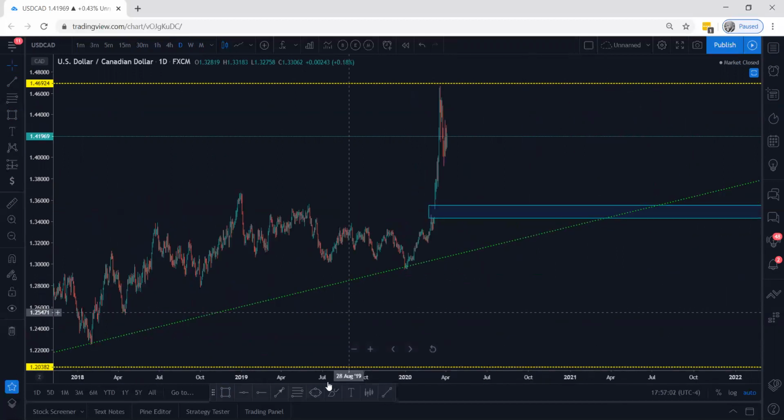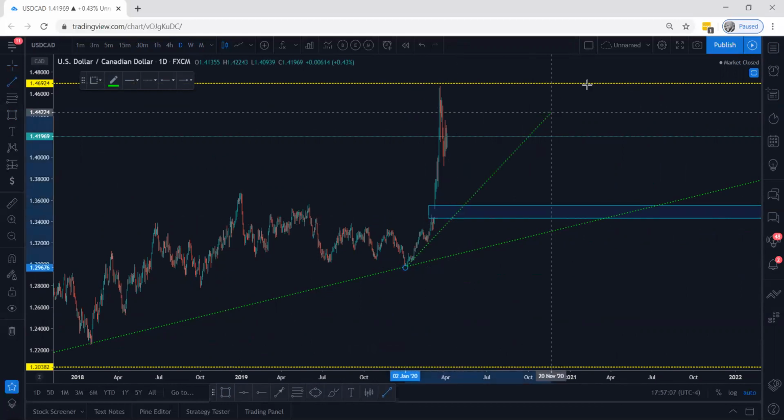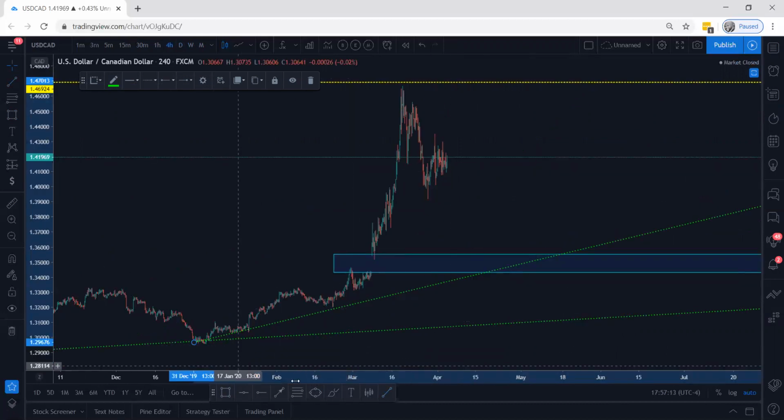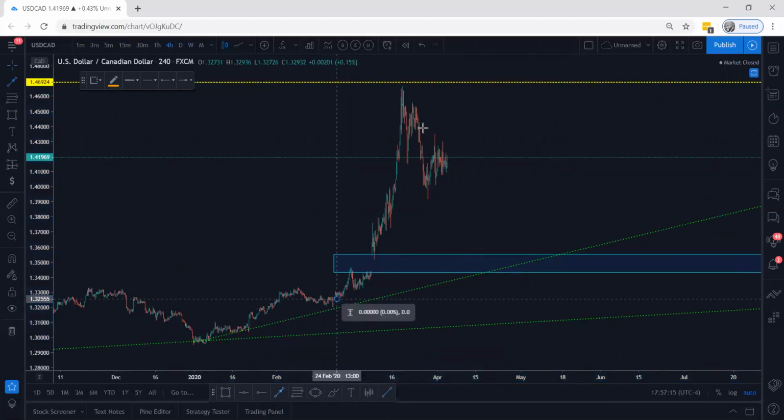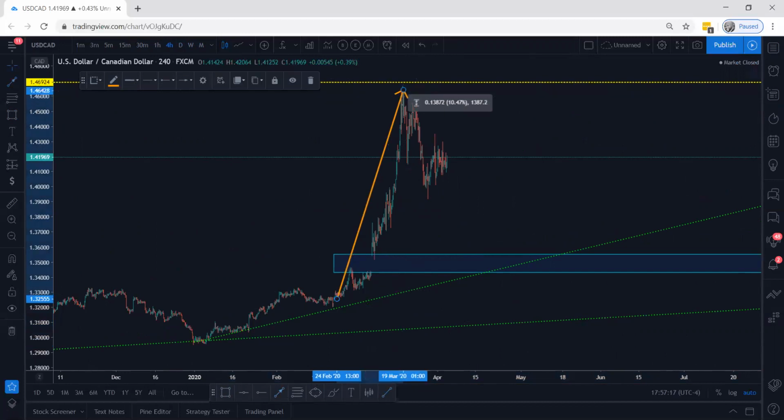On the daily, again, uptrend. We have an impulse and a correction is starting to form.